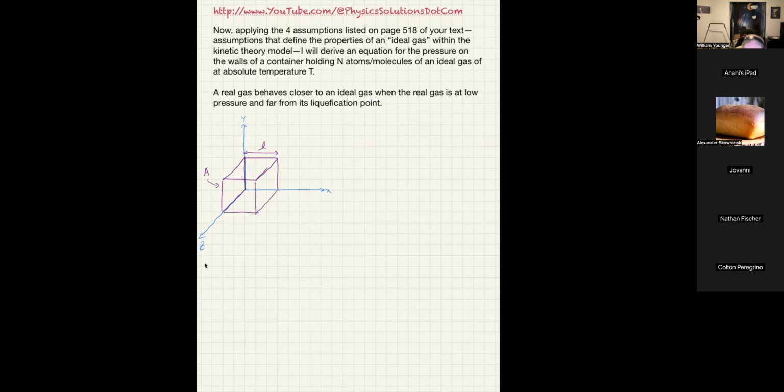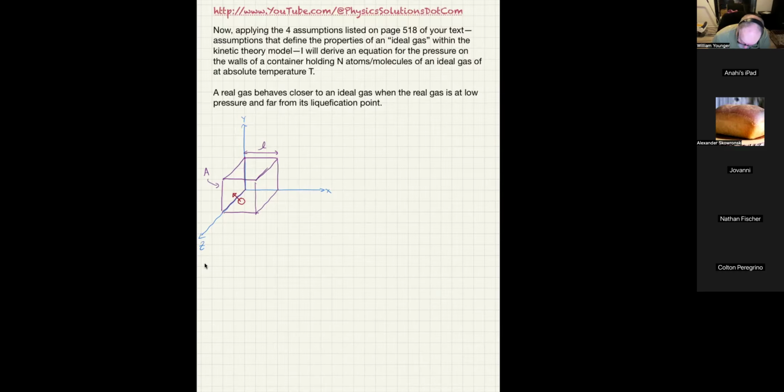Okay. Now in that box we have some gas, and that means you're going to have a bunch of little molecules running all over the place. But what we're going to think about right now is a single molecule that of course has a velocity in the x direction, the y direction, and the z direction. But all we're caring about right now is the little x component.